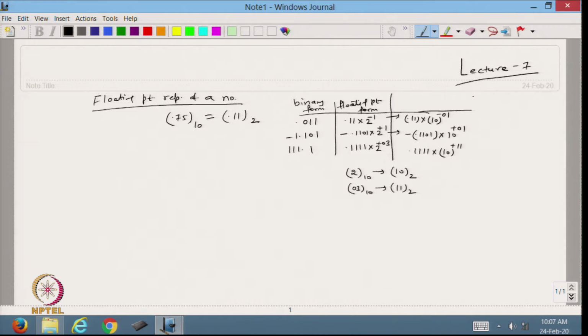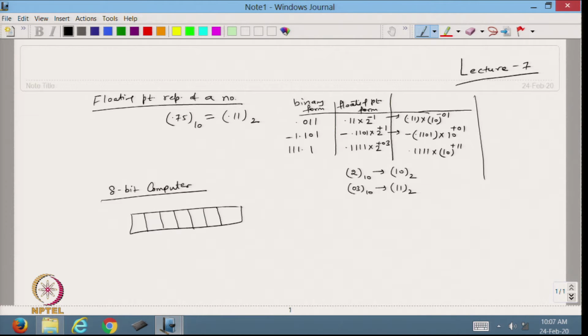Now let us see how I can save a floating point number. First I will convert it into binary form, and suppose it is an 8-bit computer.